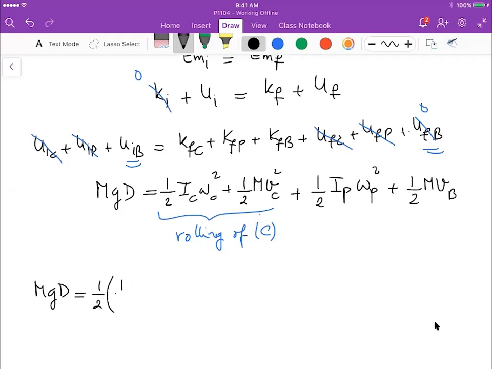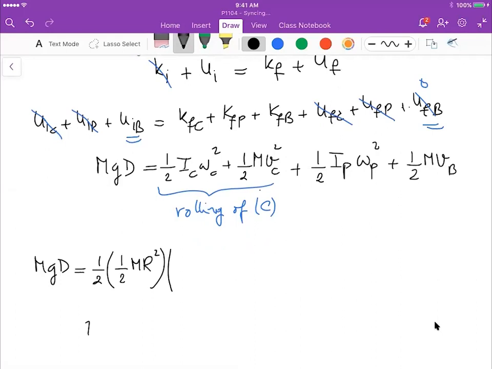It's given by 1/2 mass of the cylinder, radius of the cylinder squared. The omega for the cylinder: the cylinder's center of mass is moving with v c and it is rotating without slipping, which means that v c is related to omega c because we have rolling without slipping, so v c is equal to radius of the cylinder times omega of the cylinder.